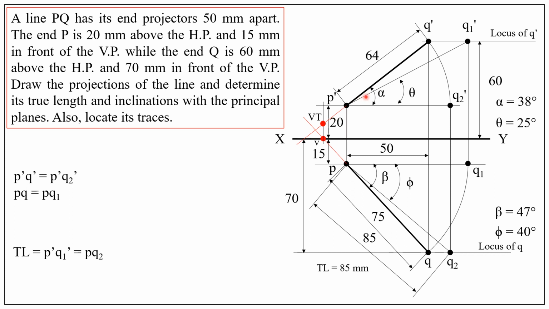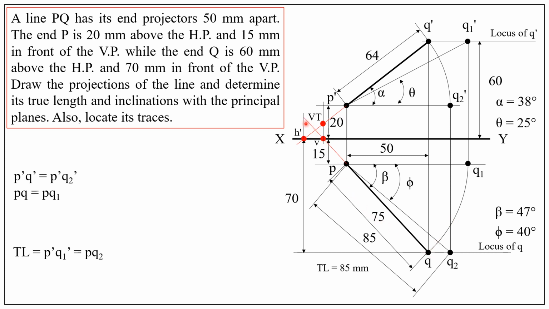Now we focus our attention to identify the location of horizontal trace. For that, extend P dash Q dash, that is the front view. The extension of P dash Q dash meets the XY line at H dash. Draw a perpendicular from H dash and extend the top view PQ.